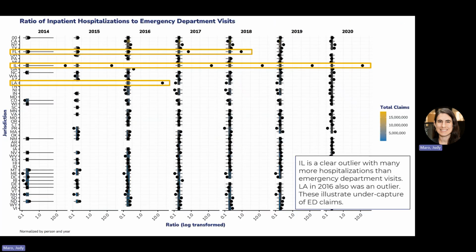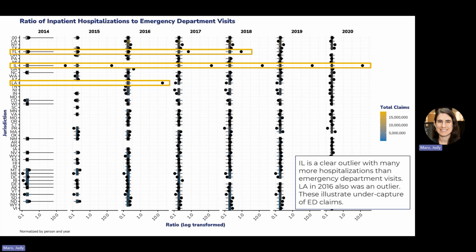Now what we're going to look at is our ratio of inpatient hospitalizations to emergency department visits. Our expectation going into looking at this metric is that there will be fewer inpatient hospitalizations than emergency department visits because of the acuity associated with inpatient hospitalizations. And so when we look at these ratios, we are looking to see if there are any outliers.